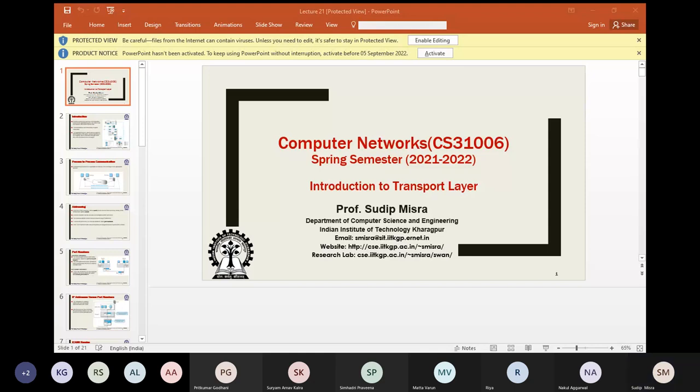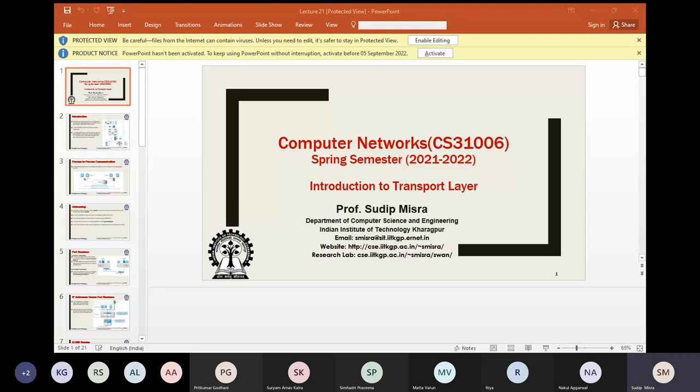So here in the transport layer, we talk about two types of services. One is called the connection-less service. The other one is called the connection-based service. The transport layer supports two types of services, connection-less as well as connection-based. These two terms, if you recall, we encountered earlier as well in a different context.